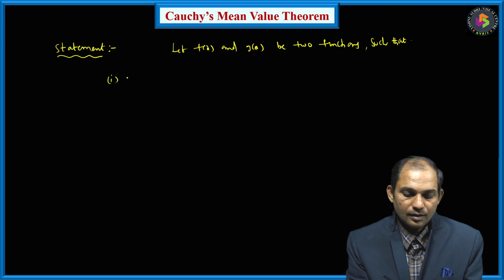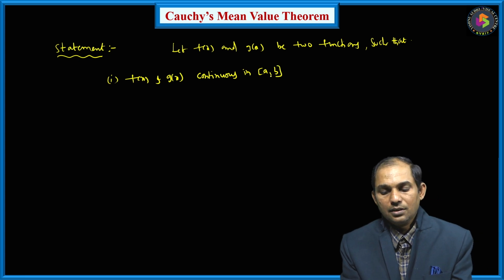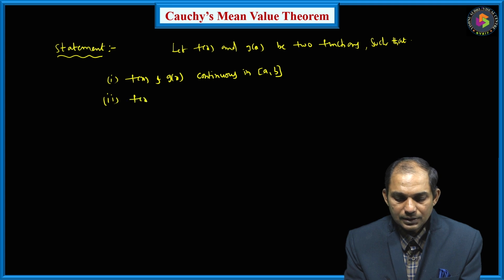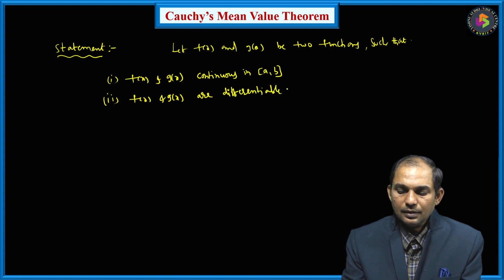First, f of x and g of x should be continuous in the closed interval a comma b. Second, f of x and g of x are differentiable in the open interval a comma b.